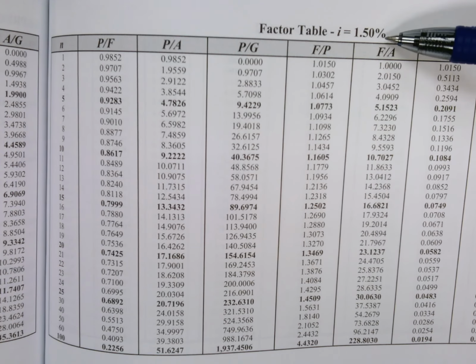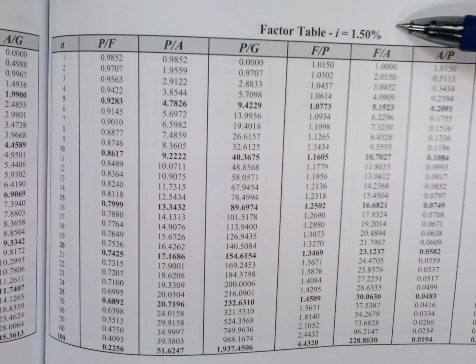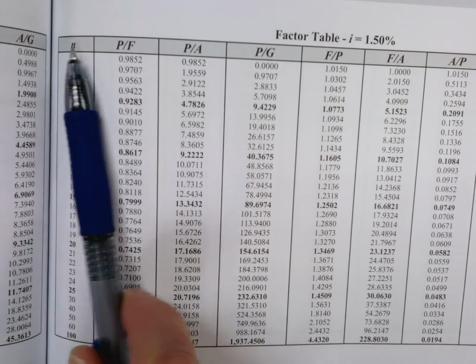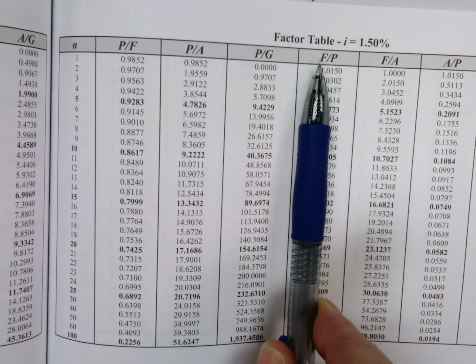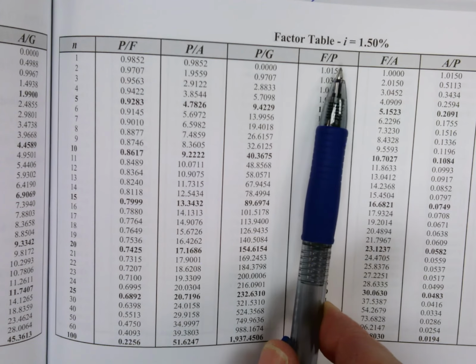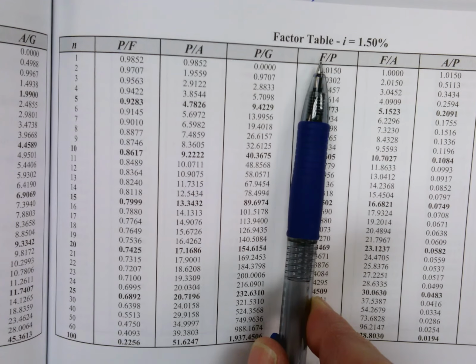Our effective interest rate is 1.5%. So that's the table that we want to be using. And we are trying to find future value. So we want to find F, given, the slash indicates the word given, P, the present value. We're given the present value and we want to find the future value.